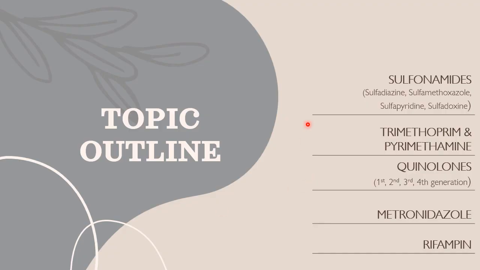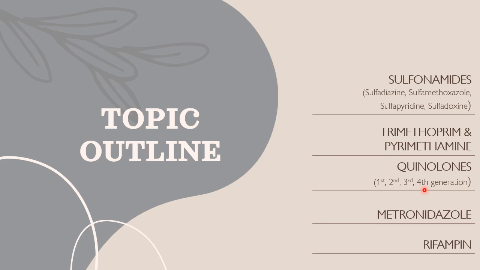This is our topic outline for our nucleic acid synthesis inhibitors. We have your sulfonamides, your trimethoprim and your pyrimethamine. They are also known as your antifolate drugs because they prevent the formation of folic acid in bacteria. Your quinolones naman, meron tayong first, second, third, and fourth generation.